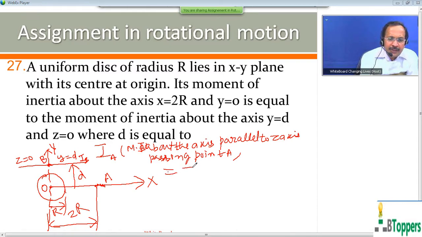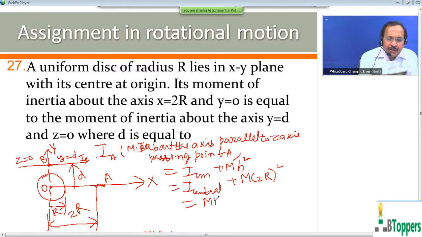You get the moment of inertia about the parallel axis passing through its center of mass plus the product of the mass of the body and the square of the perpendicular distance h between the two axes. The first axis passing through point A is parallel to the central axis of symmetry. The perpendicular distance h between the two axes is equal to 2r. The moment of inertia of a uniform circular disc about its central axis of symmetry is given by mr square by 2. So you get 9 mr square by 2.